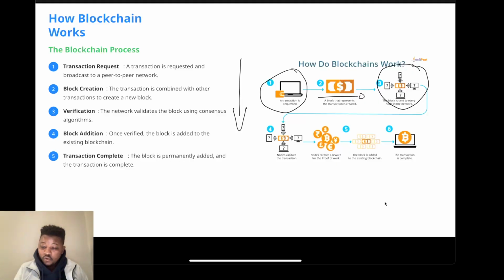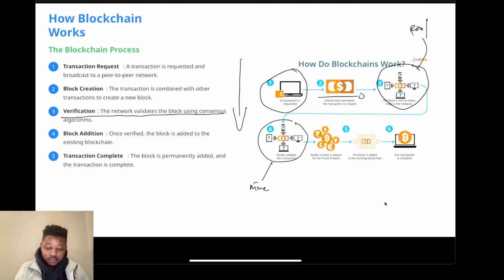So when your transaction is here, this is what we call the transaction pool, where we have a couple of transactions. These are other peers in the network, called miners, who pick up your transaction. After your transaction is picked up, it is mined, which is what we call verification.